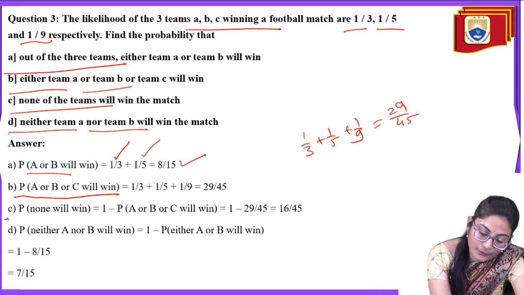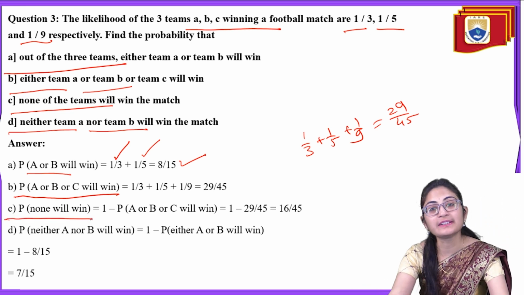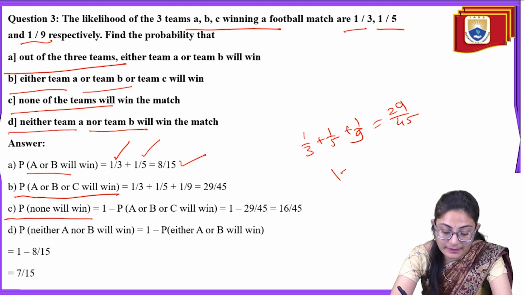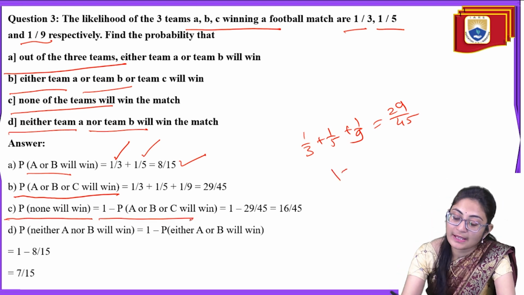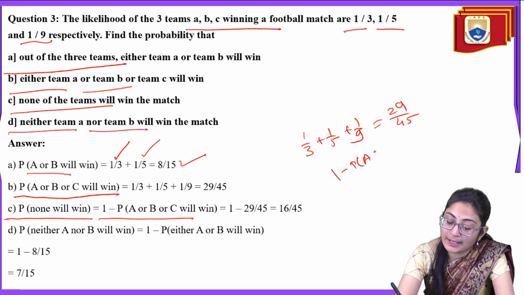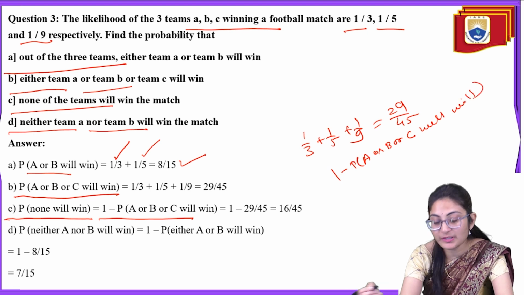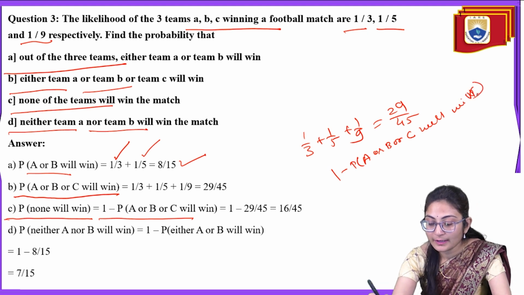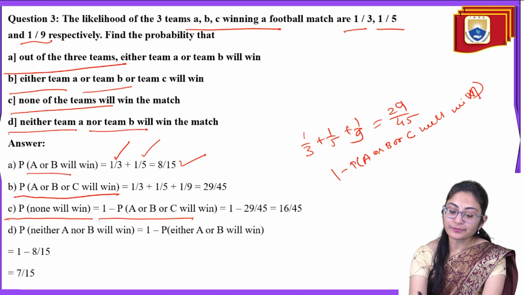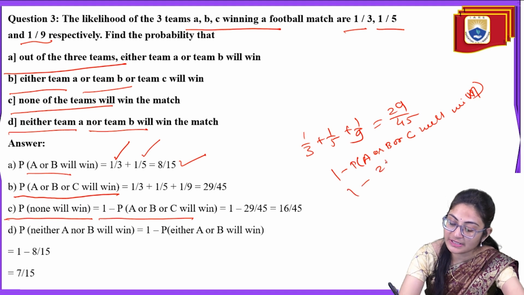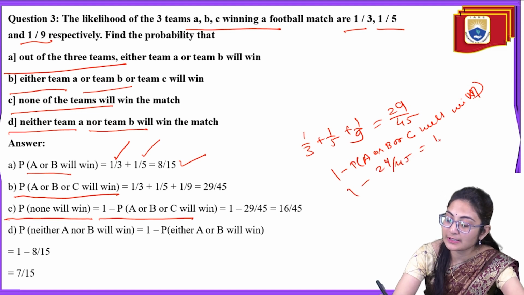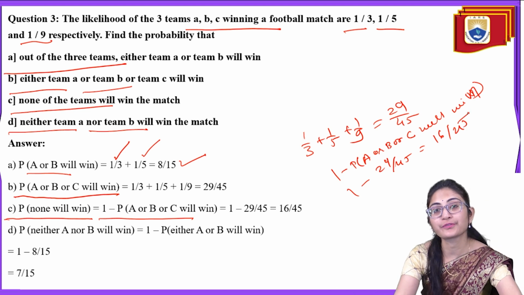Then probability of none will win: that is 1 minus probability of A or B or C will win. That is 1 minus 29 by 45, which comes to 16 by 45.